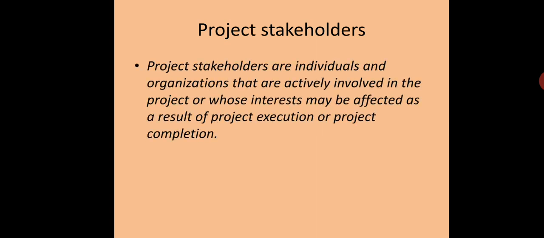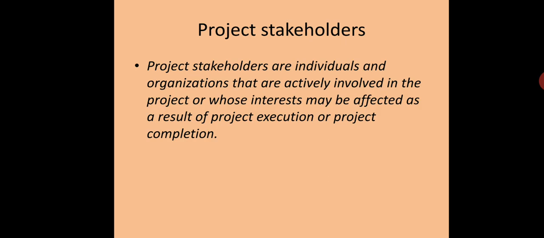The next very important term whenever we say SPM, software project management, comes into picture is project stakeholders. Now what do you mean by project stakeholders? Project stakeholders are all the individuals and organizations that get actively involved in the project or whose interests may be affected as a result of project execution or project completion.